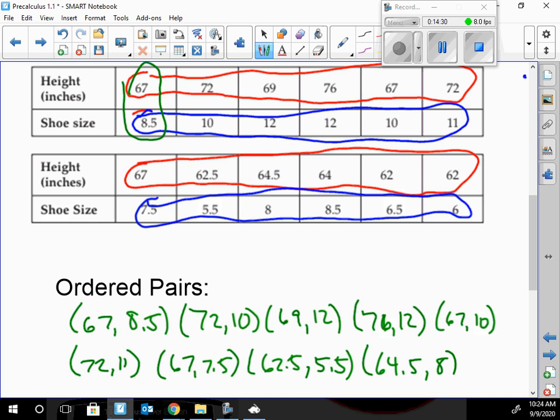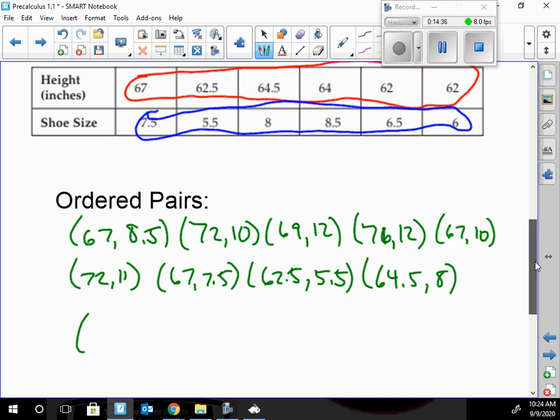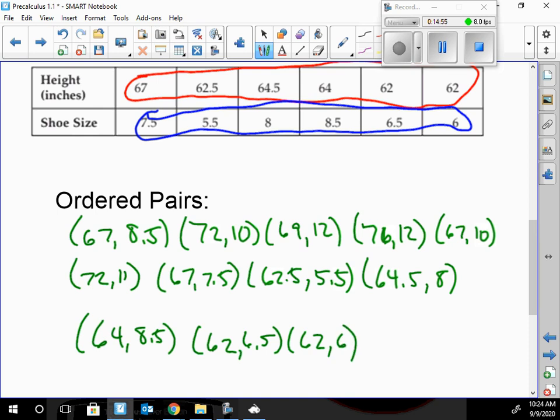So these are all the relations that exist between the two numbers. Takes a little while to list them all out. Those are all of our ordered pairs.